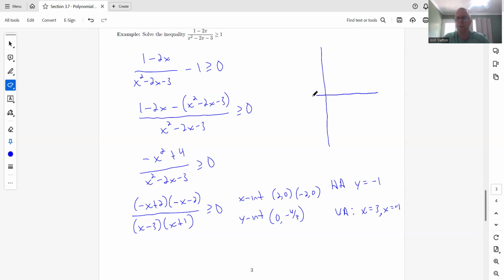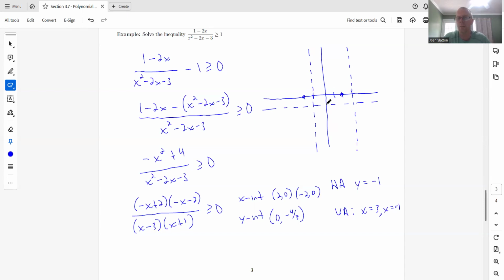So now let's graph and let's see what it looks like. So we have the horizontal asymptote. We have the vertical asymptote here. We have the vertical asymptote at negative 1. We have the x-intercept at 2 and the x-intercept at negative 2.